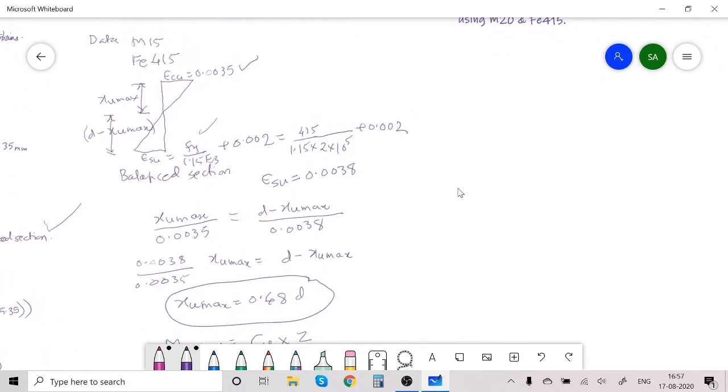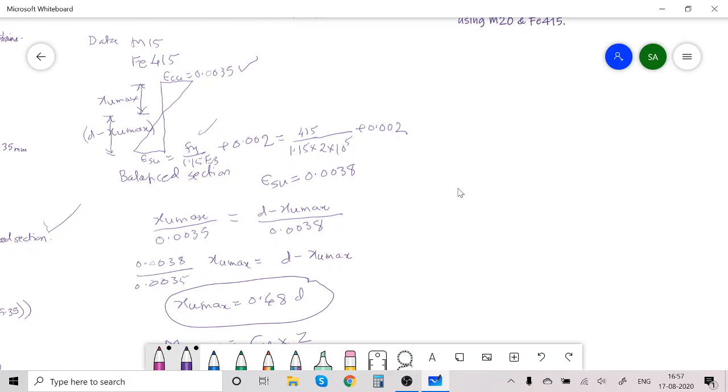Now consider this strain diagram. The maximum strain in steel is given as Fy upon 1.15 Es plus 0.002. This is given in the IS code. The maximum strain in concrete at the outermost fiber is 0.0035.